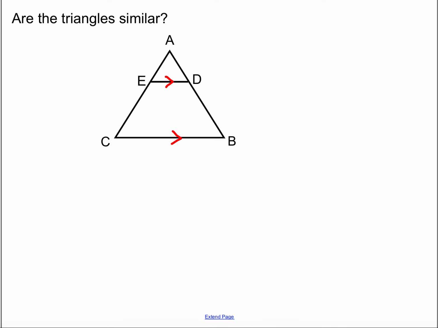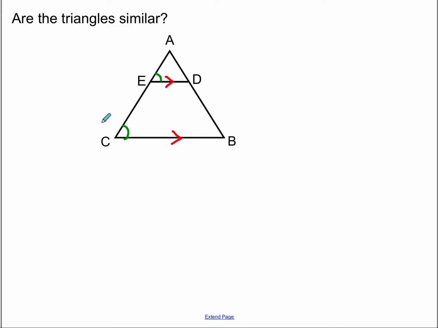Let's look at one more. Are these two triangles similar? We're given that this side right here is parallel to this side. How does that help us? It actually helps us a lot, because based on our rules about parallel lines, this angle and this angle have to be congruent.